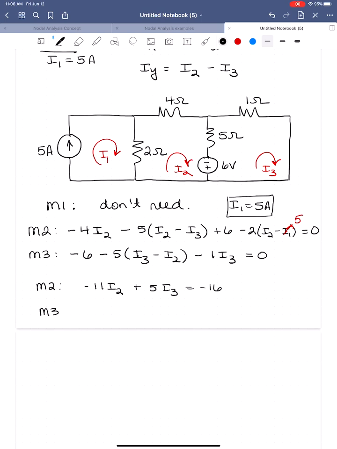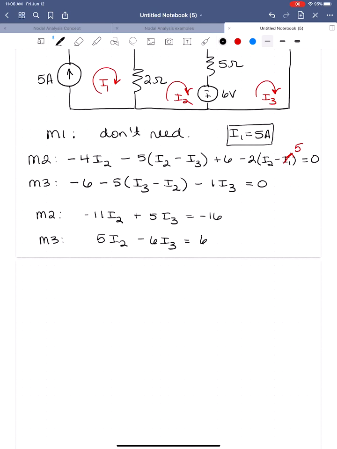And mesh 3 is going to simplify to 5 times I2 minus 6 times I3 is equal to 6. And when we're done, we'll have I2 is equal to 1.61 amps, and I3 is equal to 0.341 amps.